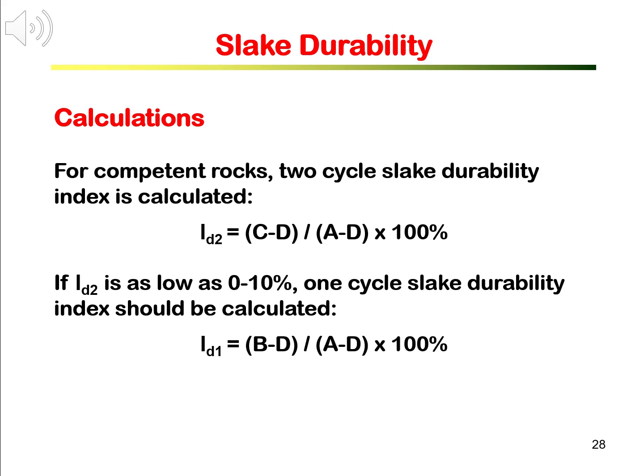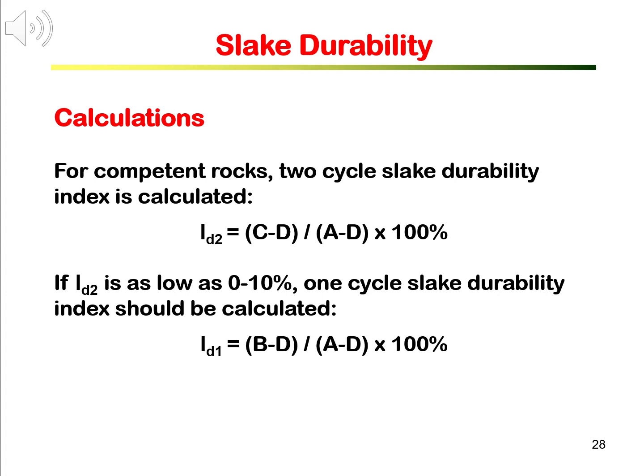Slake durability index is usually calculated for 2 cycles of slake durability tests. The slake durability index is the ratio of the final to initial masses of the rock specimens after the test. It can be computed from the mass measurements recorded from the durability test.